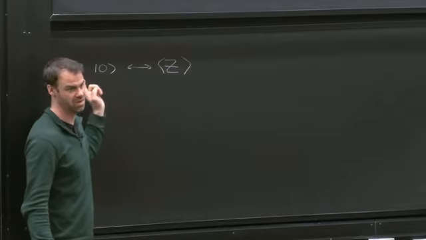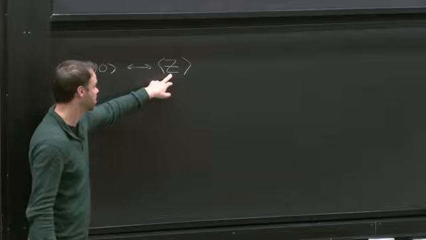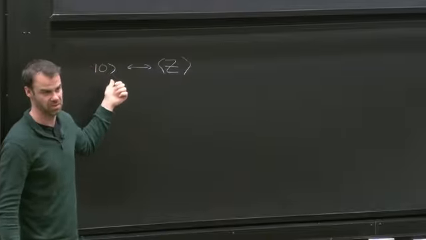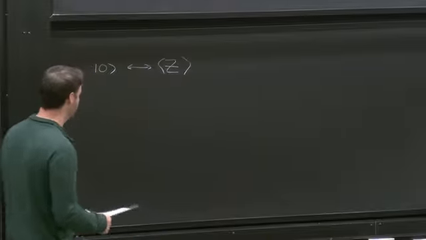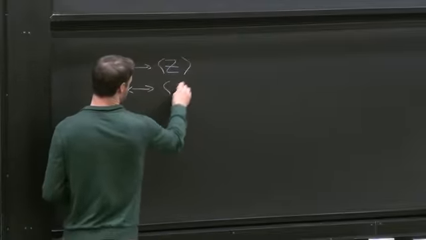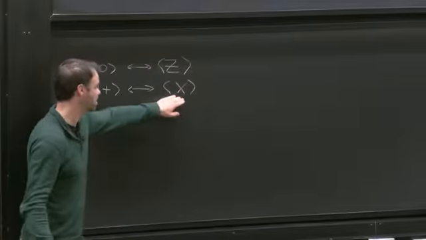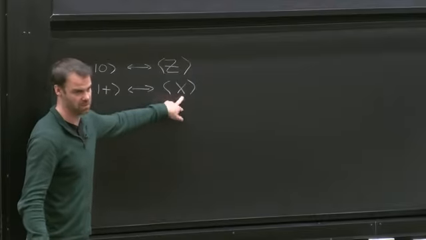If I hit Z on 0, I get 0. This is a subgroup because I could take Z squared, and that's the identity, which also stabilizes 0. If I had the plus state, that would be the stabilizer state described by this subgroup generated by X.